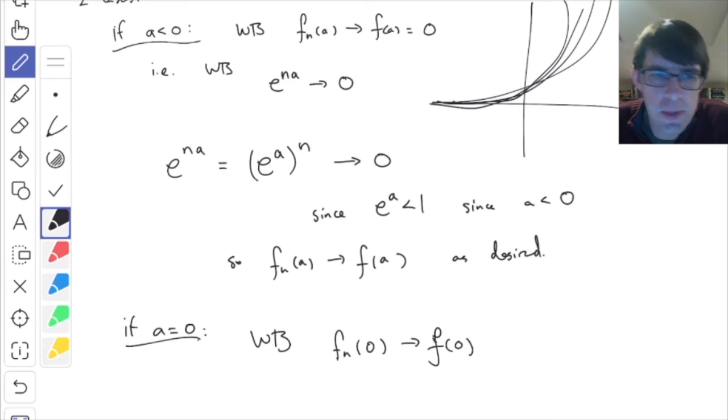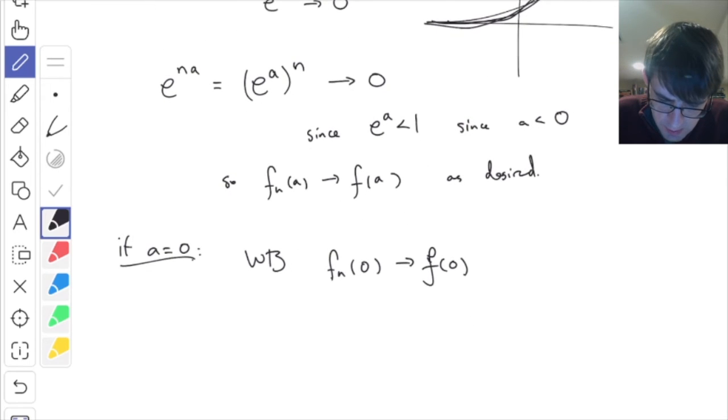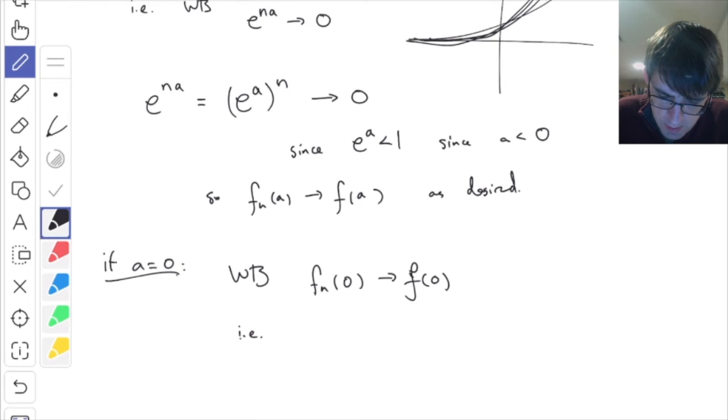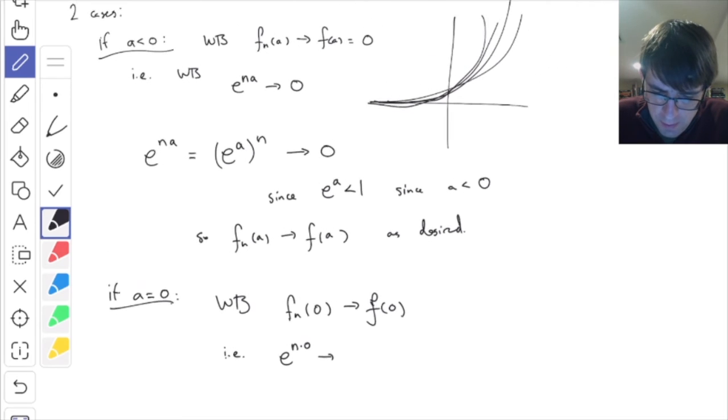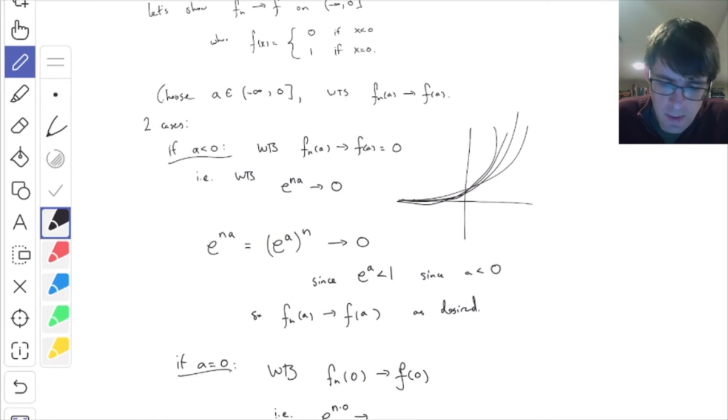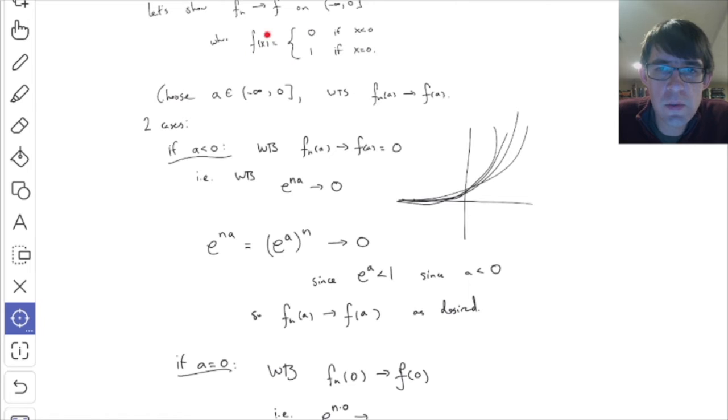Usually I put a, but this second case is when a is 0, so I use 0. This means Fn of 0 would be e to the n times 0 goes to f of 0, and if you look at the definition of f up here, f of 0 is 1. So I put 1 down here.